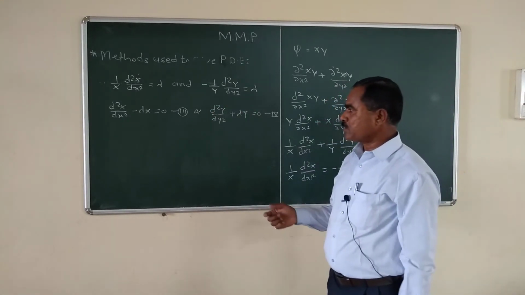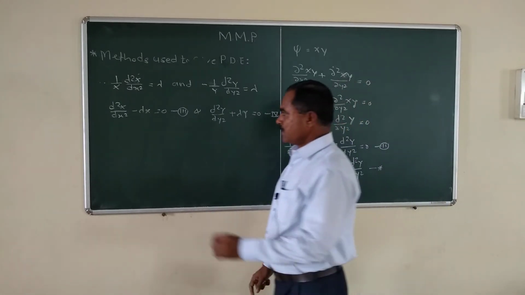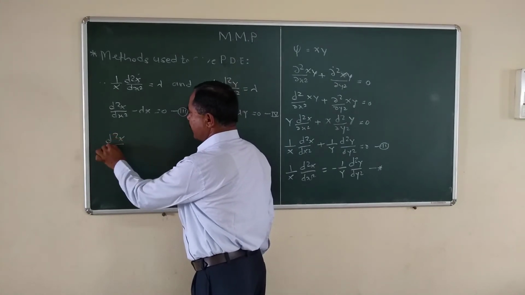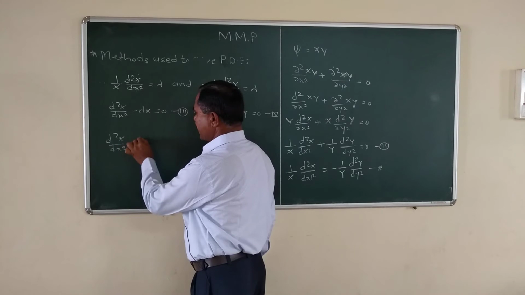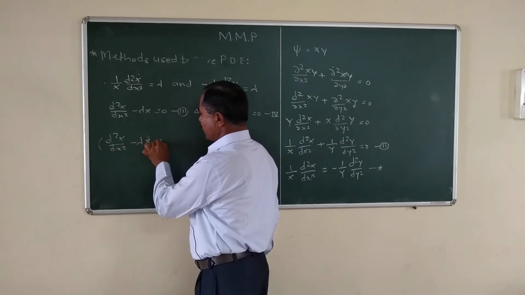Let us obtain the solution of equation 3 and then equation 4. So consider equation 3, d2X by dx square minus lambda into X equal to 0.